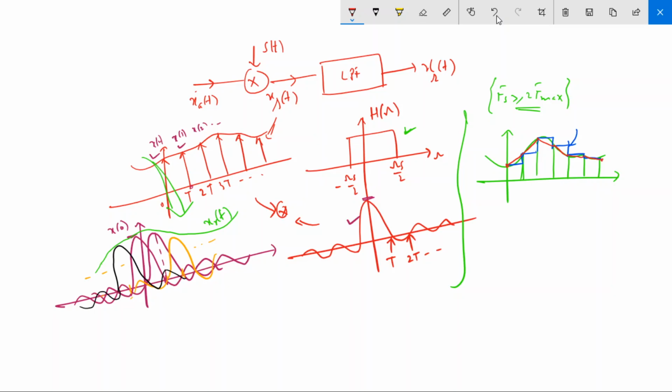But if you use higher order interpolators, okay, you can exactly get this signal back from these samples. This is basically how it is done by your D to A converter, the practical D to A converters. Okay, but this was just the mathematical background of how you can reconstruct the signal from its samples and how you should choose the sampling time. Okay.